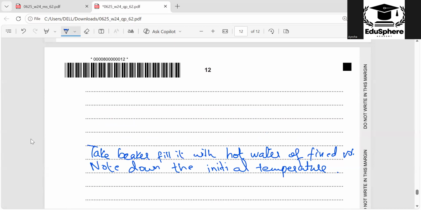So we have to let it cool for a set period of time. And then during the cooling time, we have to keep taking the values of the temperature at equal intervals of time. So this is a very important point, right?